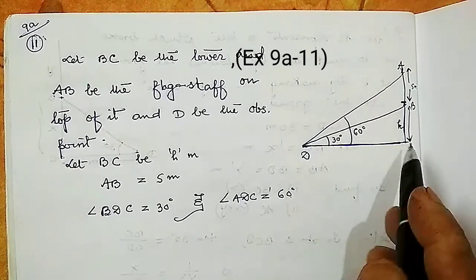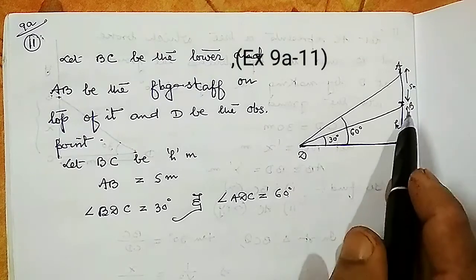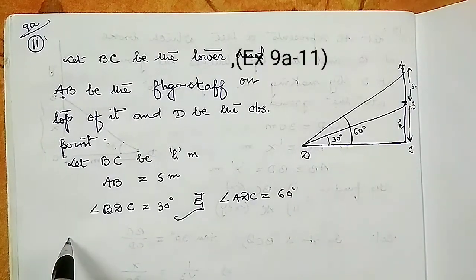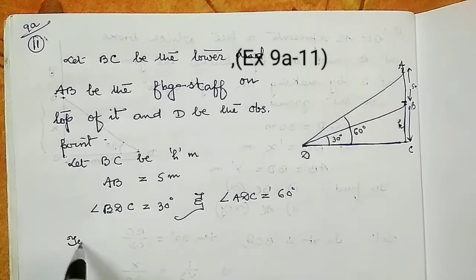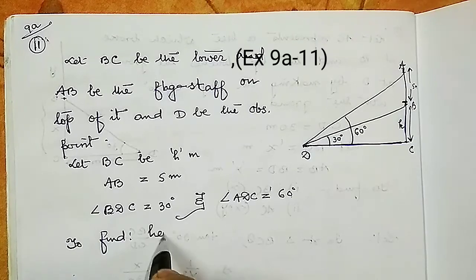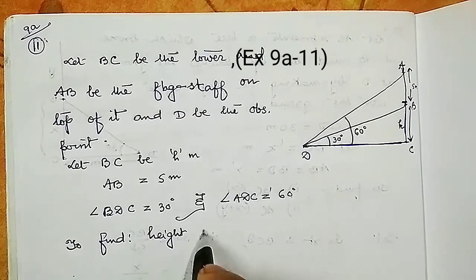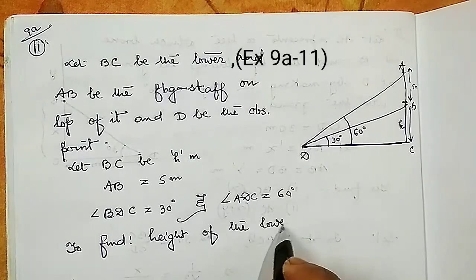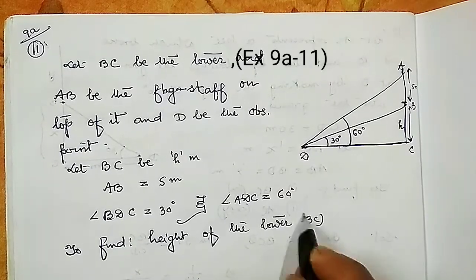Now in this question we have to find the height of the tower, that is BC is to be calculated. So we can write, to find height of the tower, that is BC.